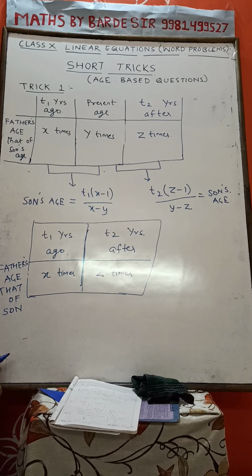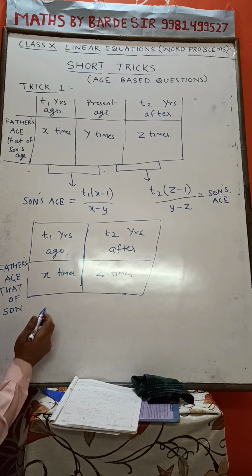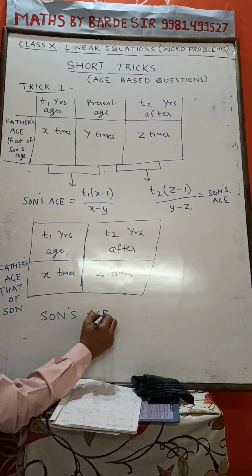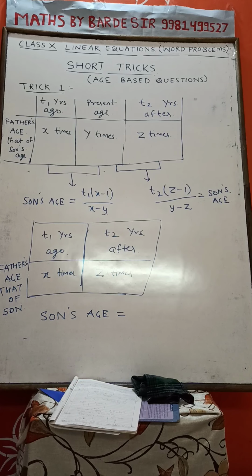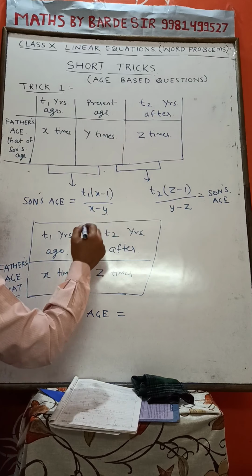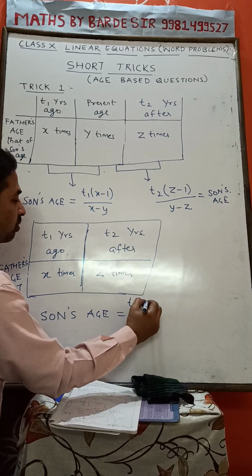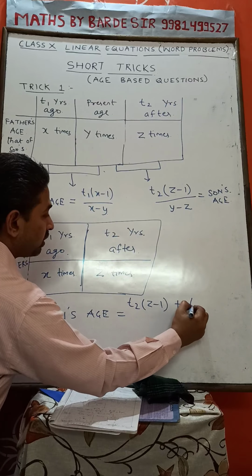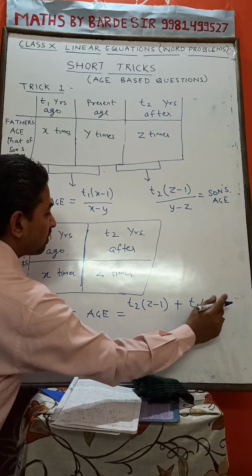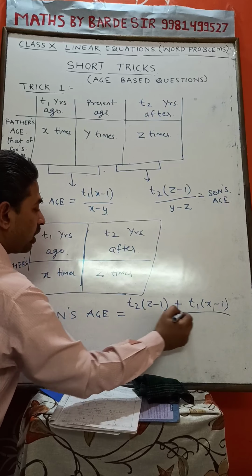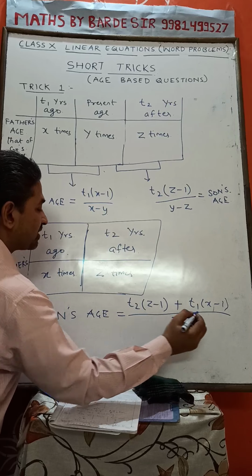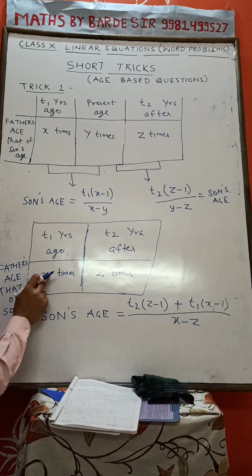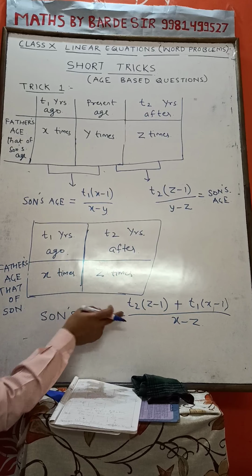So in this case, son's age will be calculated by using a similar formula: T2 into z minus 1 plus T1 into x minus 1 upon x minus z.